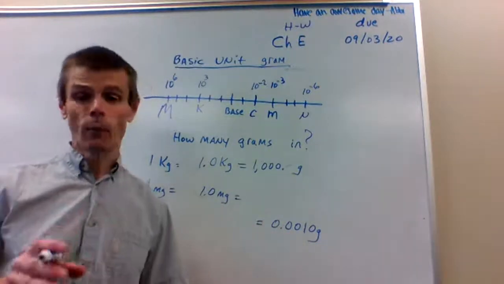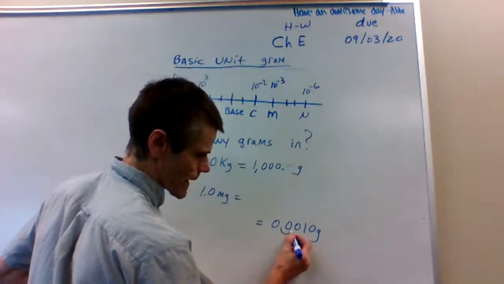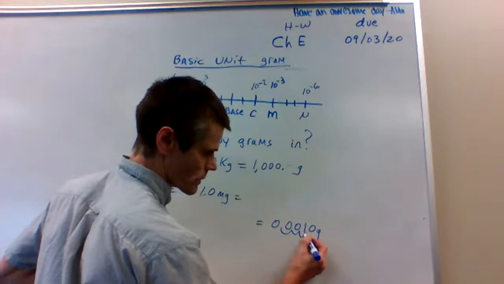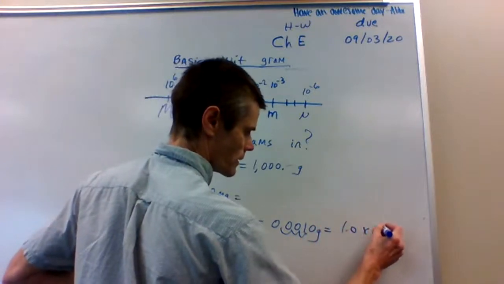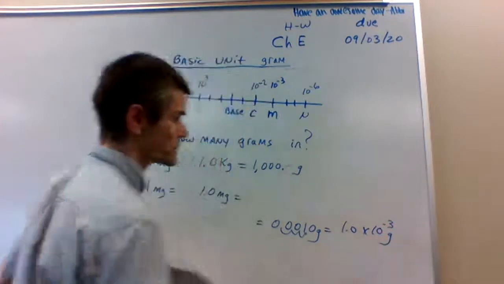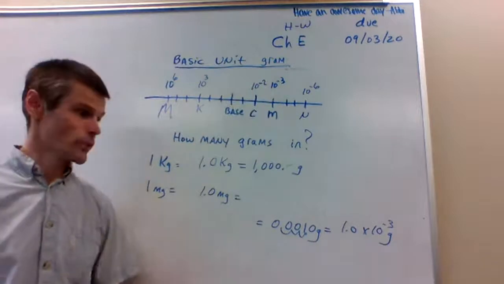And if you remember how we wrote scientific notation, we simply move this back 3 positions to the right. 1 times 10 to the negative 3rd grams. And that's that 10 to the negative 3rd. I wrote it right there in that horizontal scale.